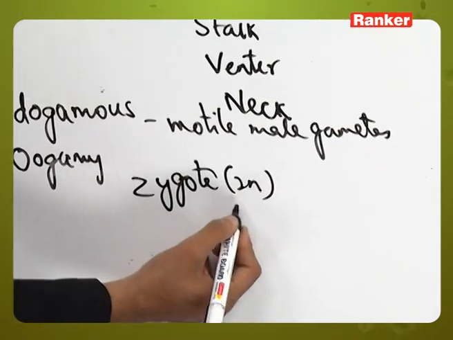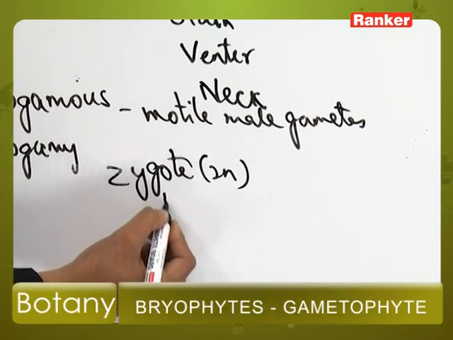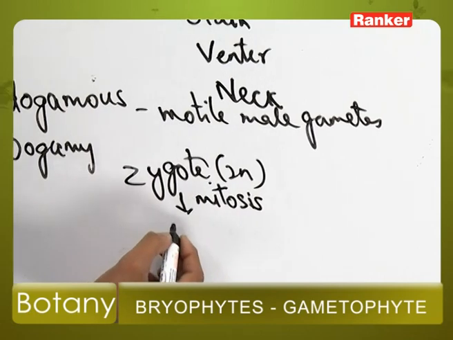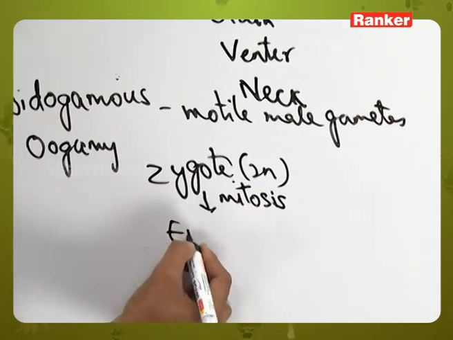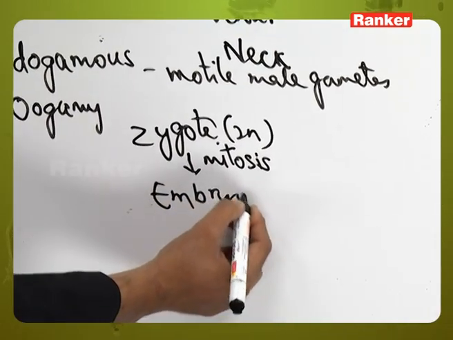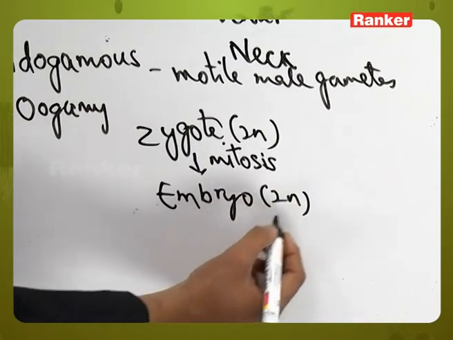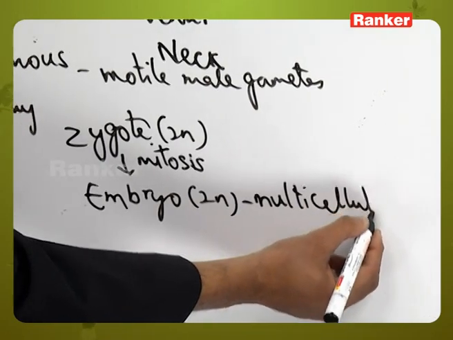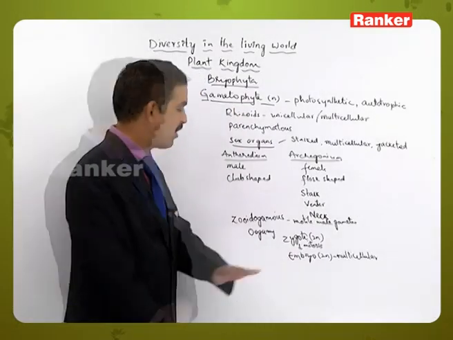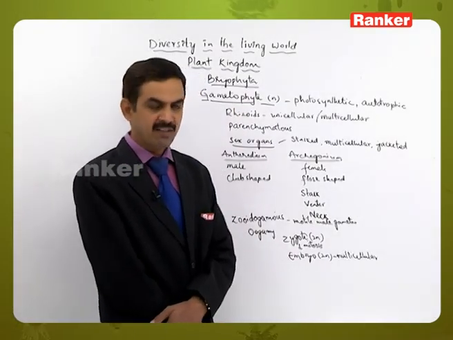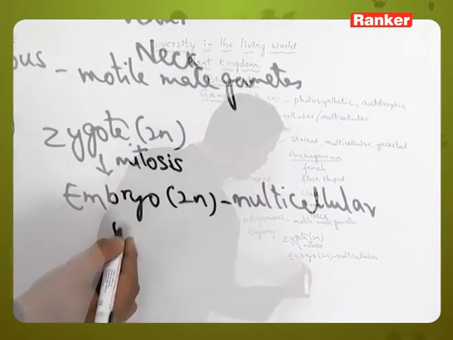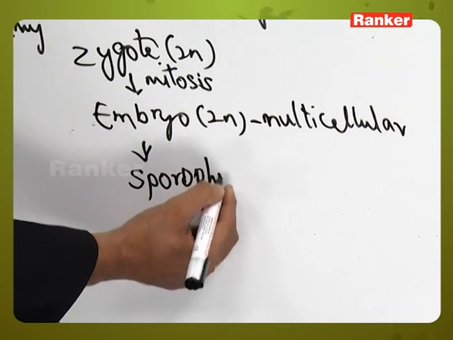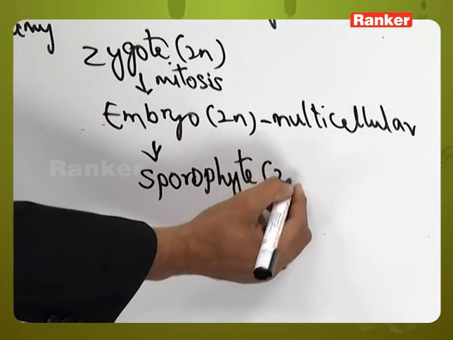This zygote, which is diploid and unicellular, will undergo repeated mitosis to produce the embryo. This embryo is also diploid and multicellular. As a result of further growth and development, the embryo will form into the next stage called the sporophyte stage, which is also diploid.